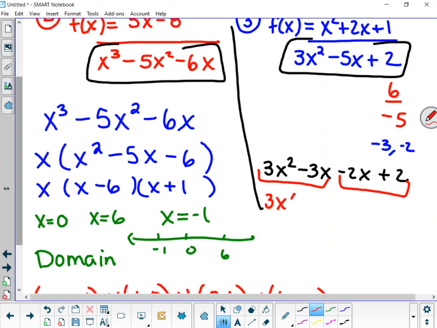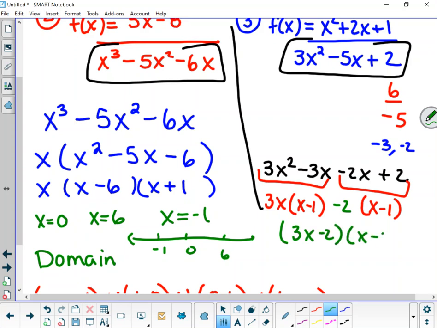So a 3x out of these two leaves me with x minus 1. If I do an x minus 1 back here so that we get the match, this would have to be a -2. So 3x minus 2 and x minus 1 would be the factors.